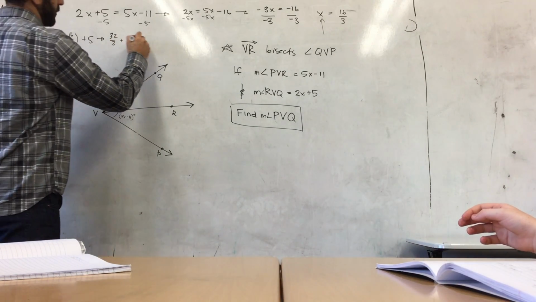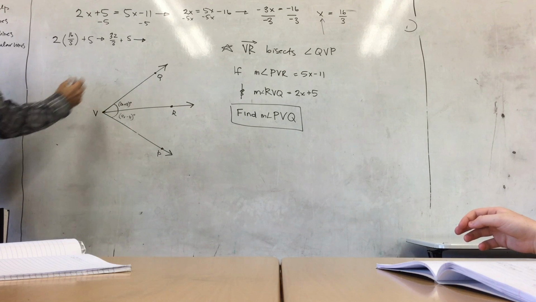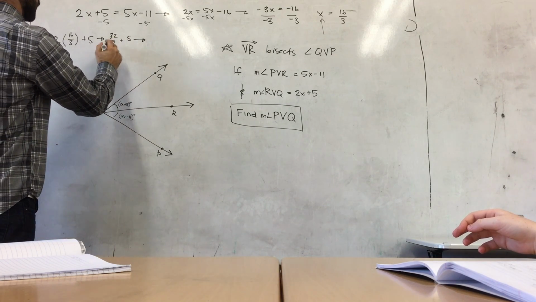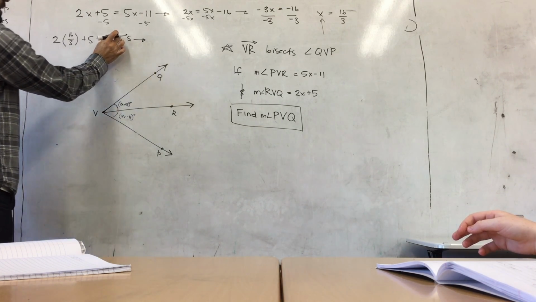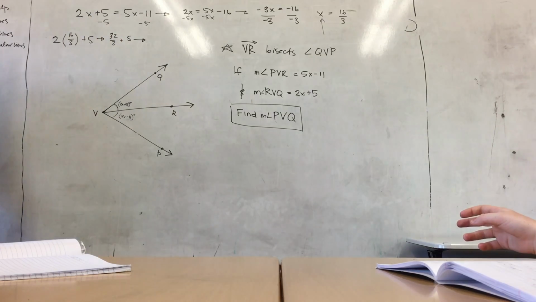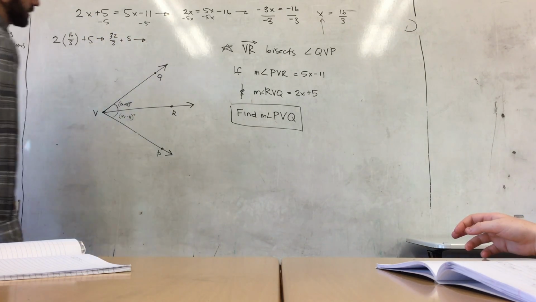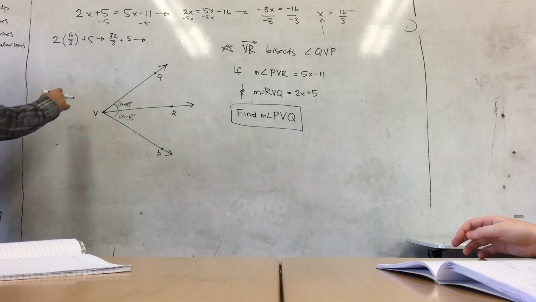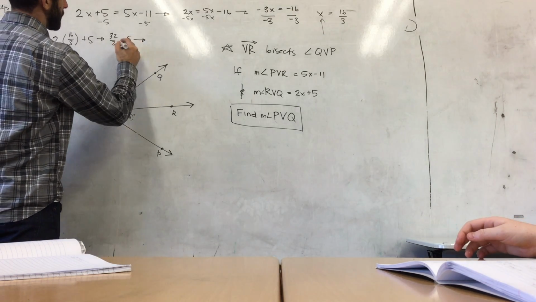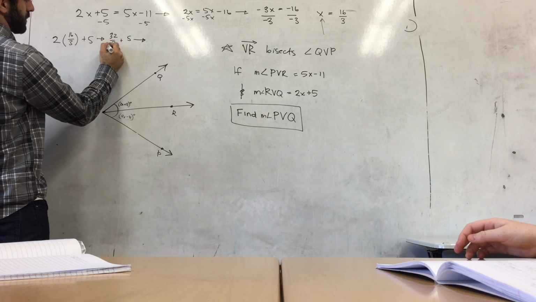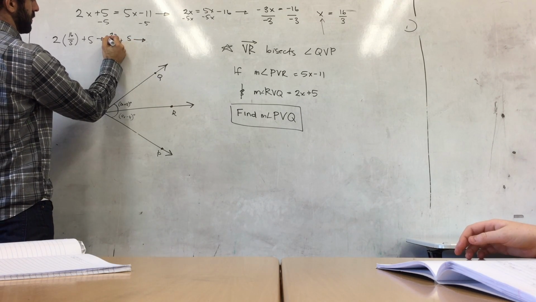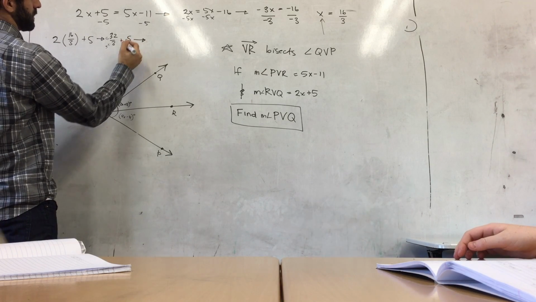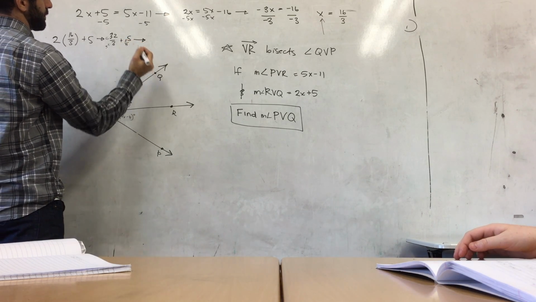Alright, this one's going to turn out a little bit nasty because we're going to have to find a common denominator here, which is going to be 15. And then you'll be multiplying this 32 by 5. 5 doesn't go in the 32, or 15 doesn't either. Well, we're going to have to find a common denominator, which means we're going to have to multiply this by 5 on top and bottom, and this by 3 on top and bottom.